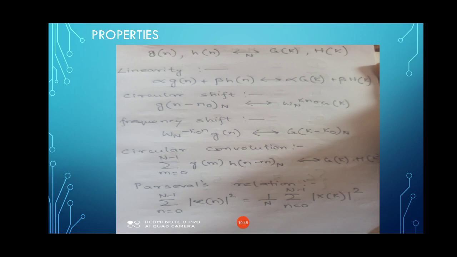This is the linearity property which we have proved several times, and the method remains the same, and I leave it to you all.